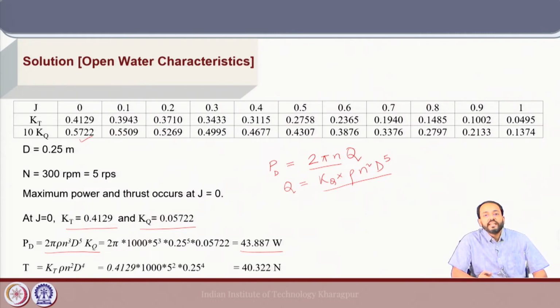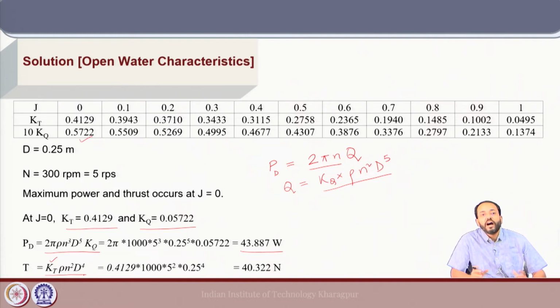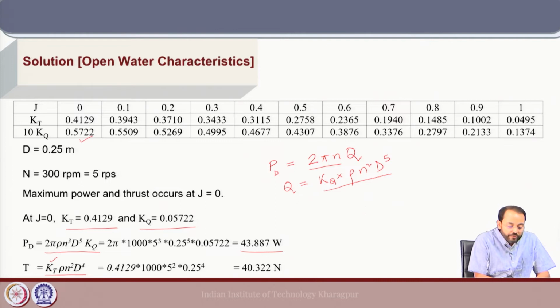Similarly, we can calculate the thrust value at J equal to 0 using the kT value multiplied by rho n square D to the power 4, which is how T is related to the thrust coefficient. So, if we use this equation, we will be able to calculate the maximum thrust.